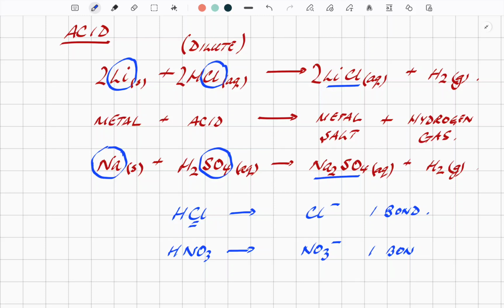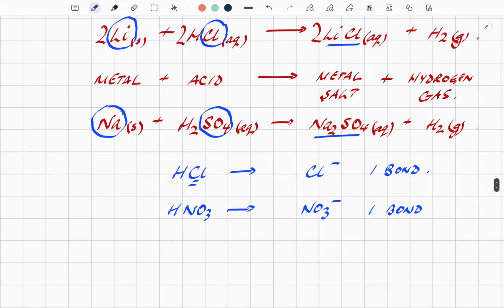So that bond is like one bond again, all right? And the other one, H2SO4, is a sulfate. Now the sulfate has a 2 minus charge on it. Okay? So it effectively forms two bonds.